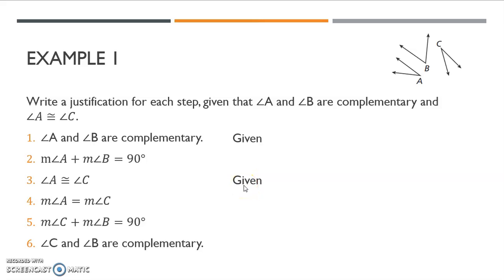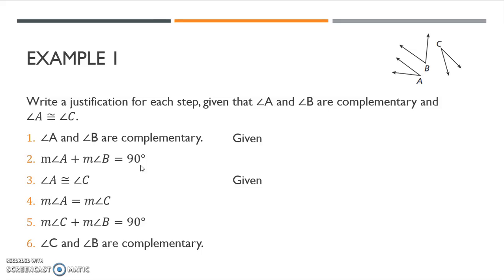Now, the next thing we're going to do is take a look at the first and second steps. In the first step, they said angle A and angle B are complementary. And then from that, they figured out that angle A plus angle B is 90 degrees.